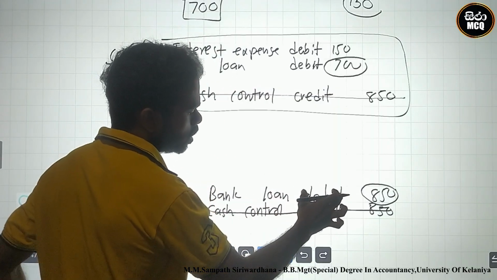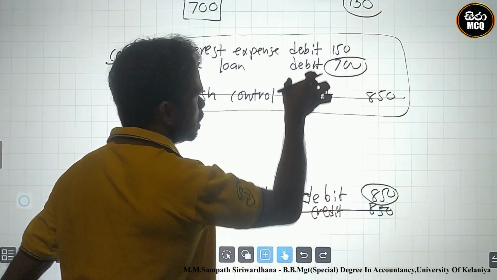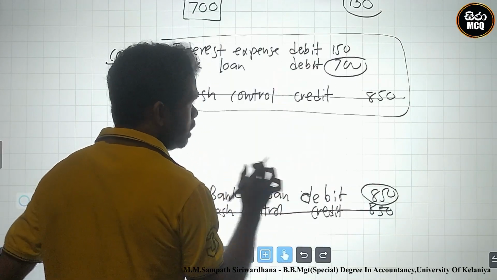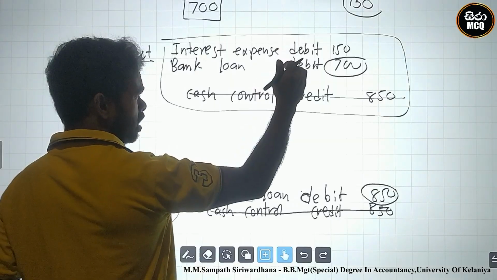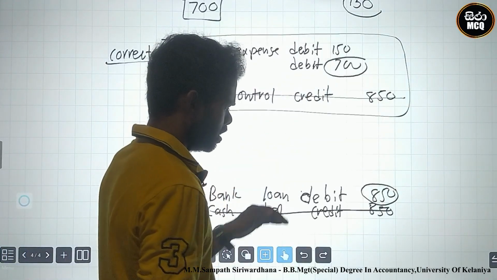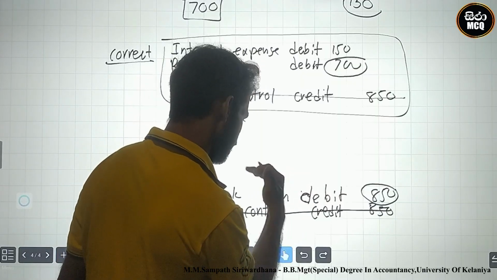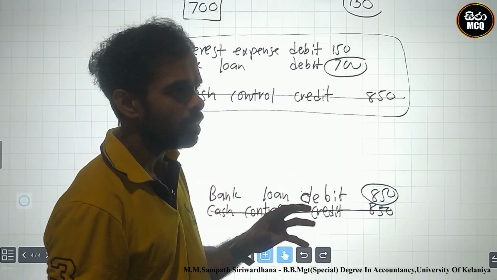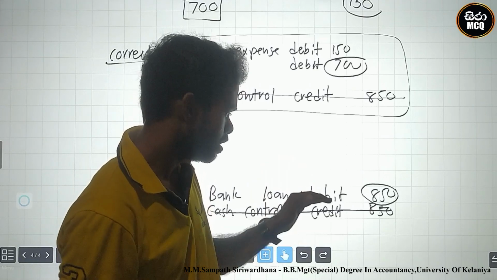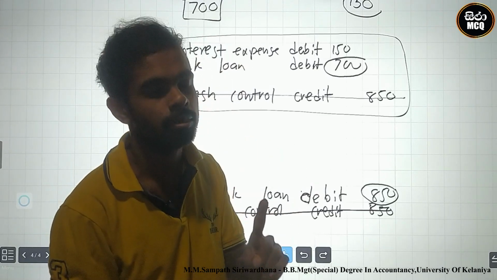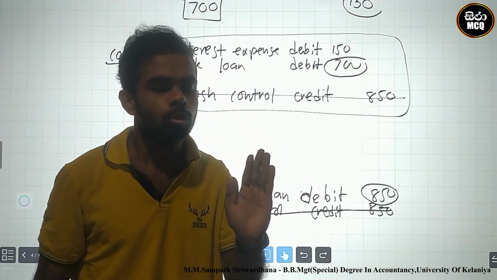Look here, this is too much. Debit 850, but the correct one is only debit 700. Therefore, the current situation is too much debit. To eliminate, to deduct this, we must use the opposite side.